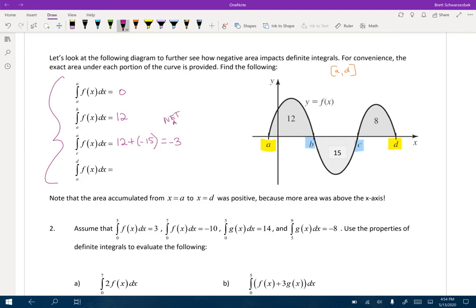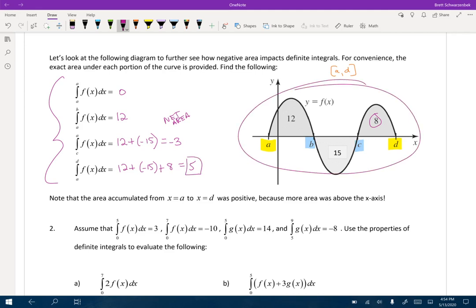Any definite integral is net area. So we are going to get -3 now, accumulated area. So last one, what about A to D? Well, again, we're going to be 12 plus -15, but then we're going to add on another +8 for above the axis. So we're going to get a 5 resulting area for everything.